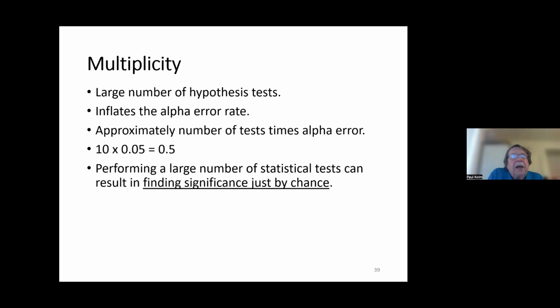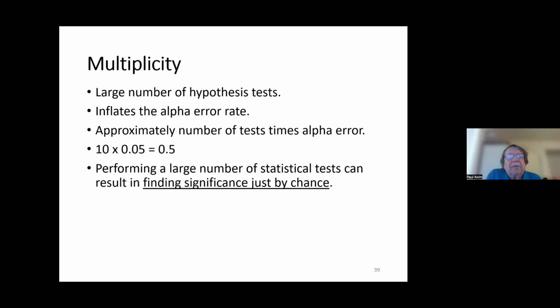I want to talk a little bit about multiplicity, which we haven't mentioned yet. What is meant by multiplicity is the idea of making a large number of hypothesis tests.